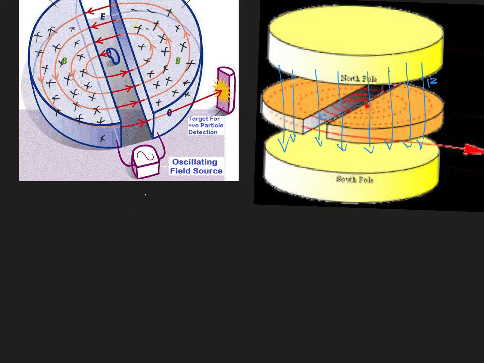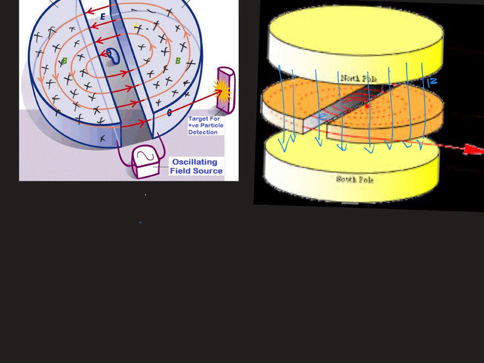Now we're going to look at how the velocity changes. So the velocity here and the velocity here, you can compare them, and you can see the velocity is increasing. At the same time, you can also see the radius is increasing. So the radius is increasing and the velocity is increasing. Let's write the circular motion equation for this particle.